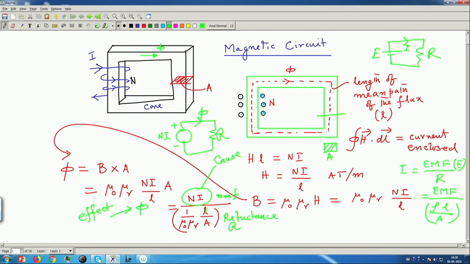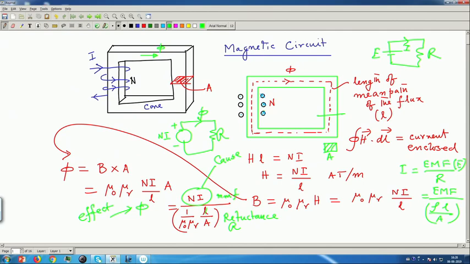Reluctance into flux will give me N I, and if I know the number of turns, I will simply divide that N I by N to get the current necessary. Anyway, these are known stuff, and we have a magnetic circuit like this. Okay, and I will presume that you know about it. So, no question of telling further about it.